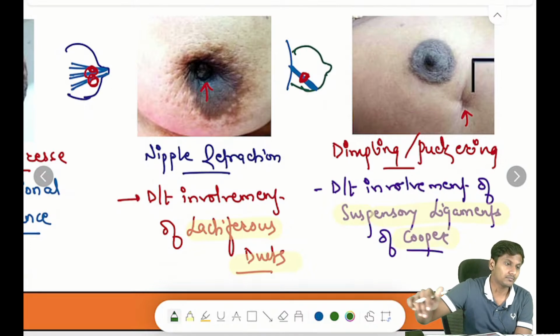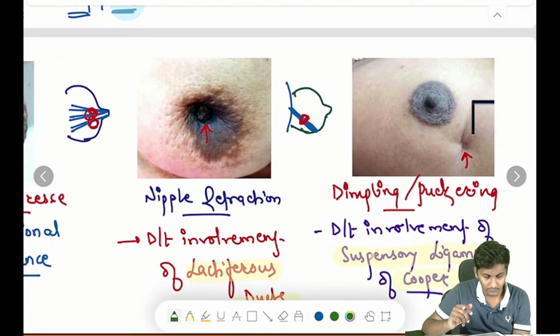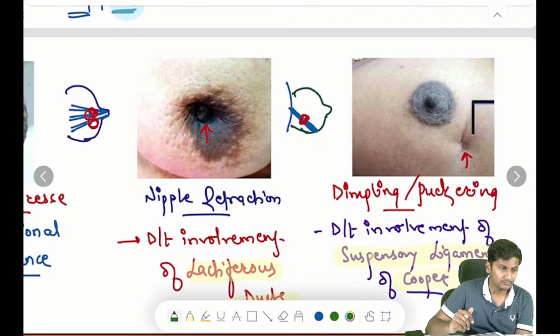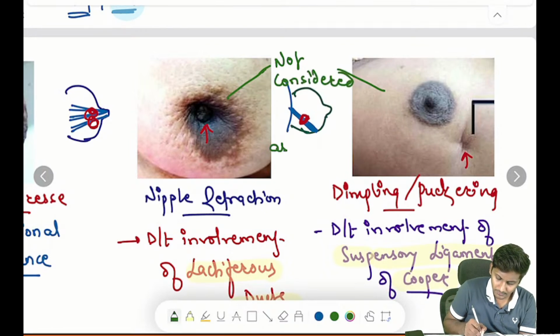Please tell me. No. Very good. So please remember, both these conditions, whether nipple retraction or dimpling or puckering, are not considered as skin involvement, because here the skin is not involved.